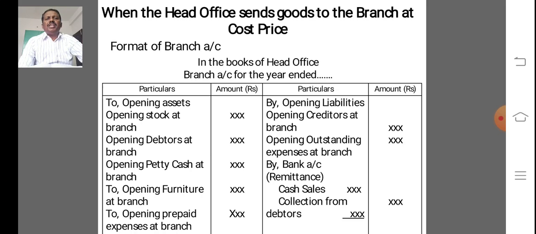That is opening stock at branch, opening debtors at branch, opening petty cash at branch, opening furniture at branch, opening prepaid expenses at branch, and so on. So, with the value of the assets at the branch at the beginning of the accounting period, we are entering under the head opening assets.